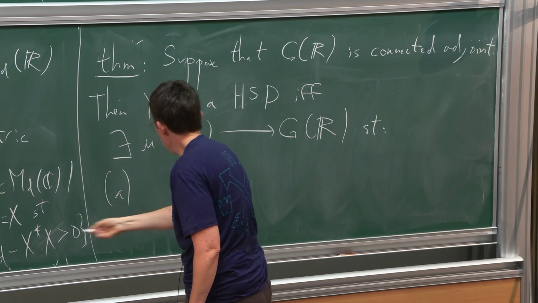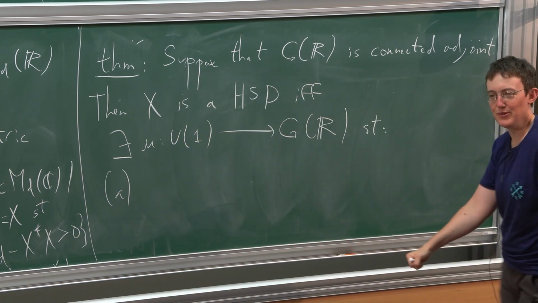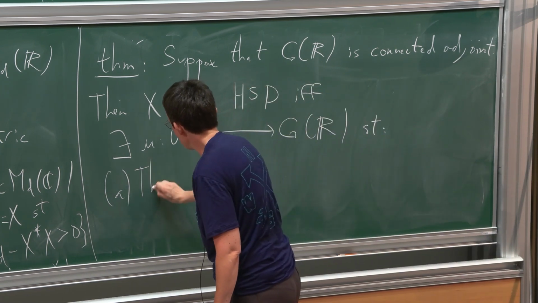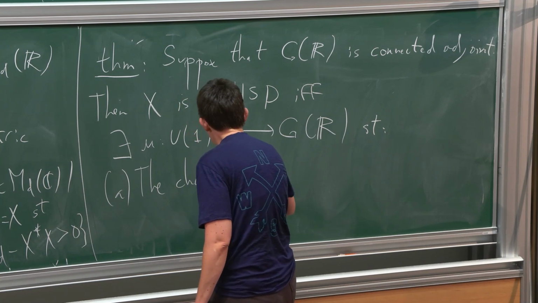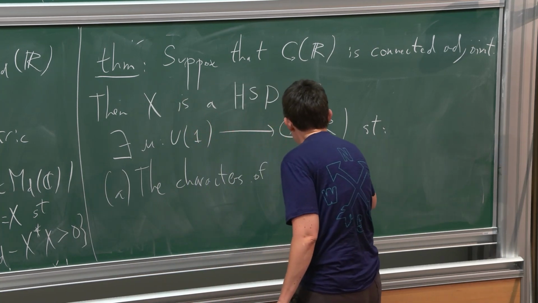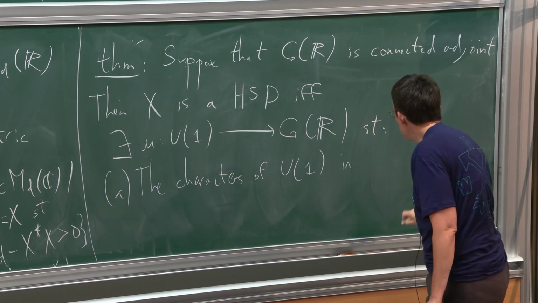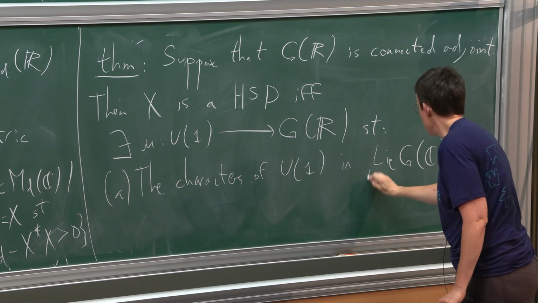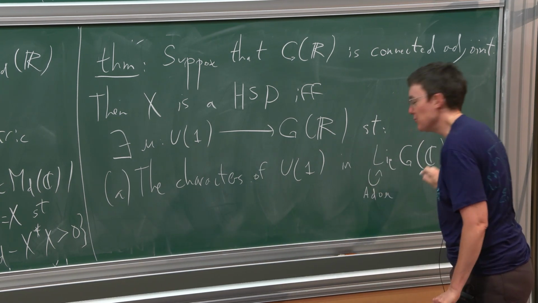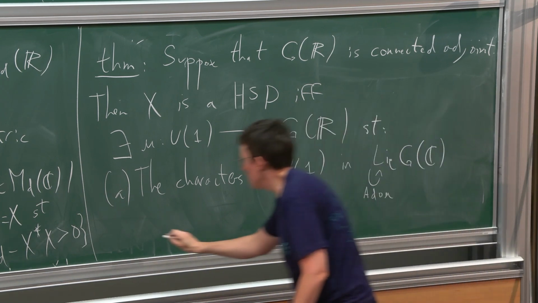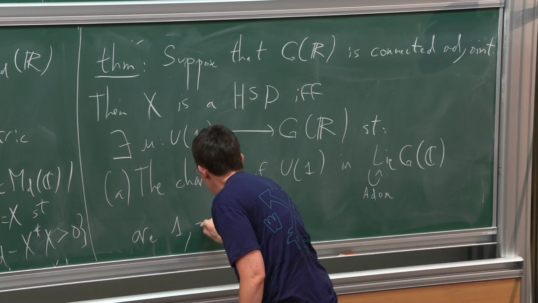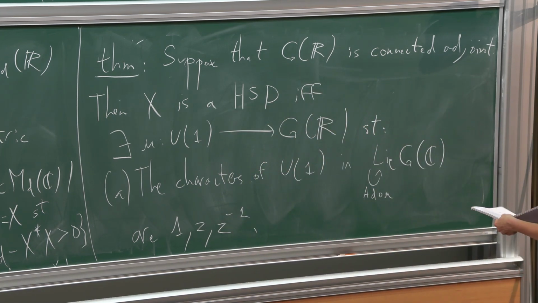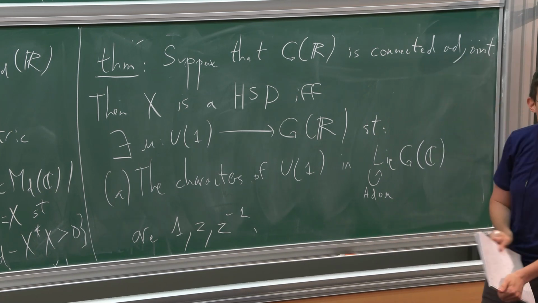A: u is minuscule, meaning that the only characters of U of 1 that appear in the Lie algebra of G of C, where the action is by adjoint action times u, are 1, z, and z minus 1.